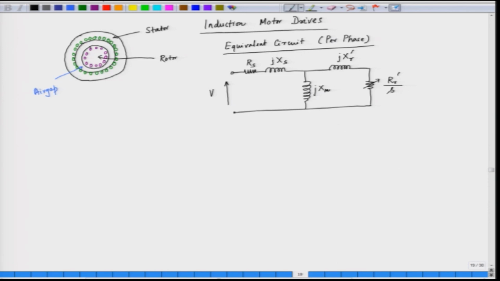When the rotor rotates, the slip is produced. The slip is given by s equals omega m s minus omega m, divided by omega m s. What is omega m s? Omega m s is called the synchronous speed, and omega m is the rotor speed.